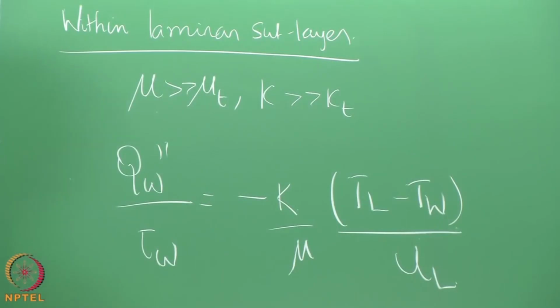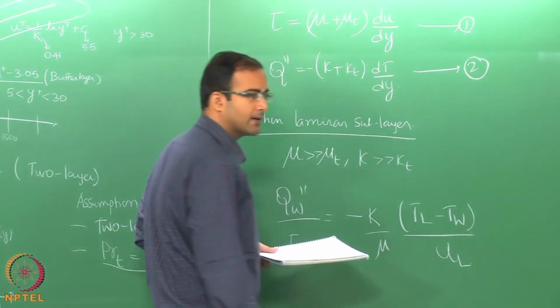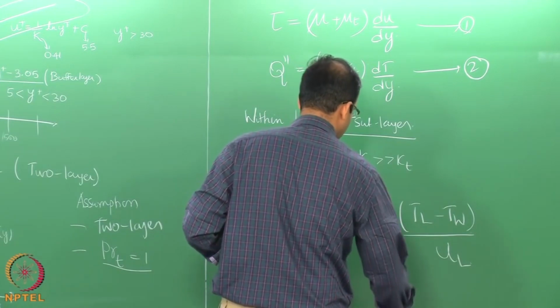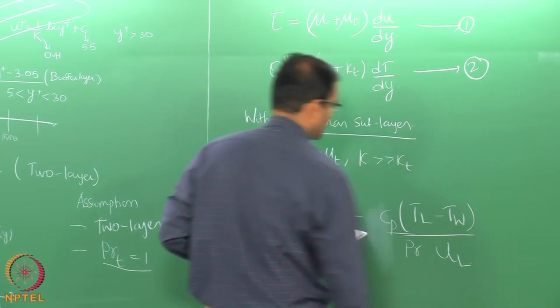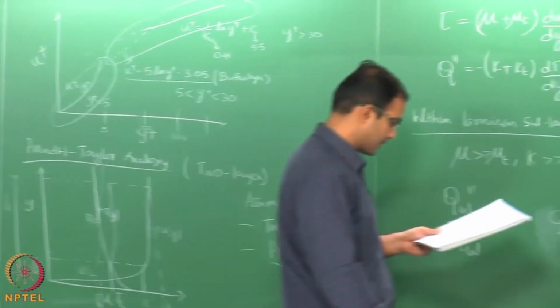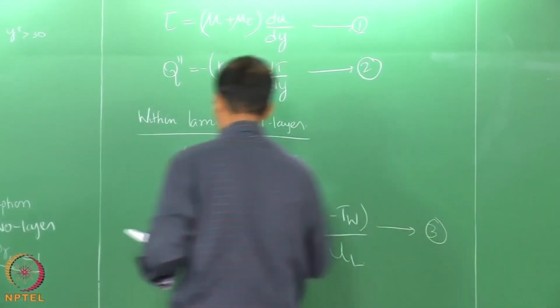We can write this in terms of molecular Prandtl number, multiplying and dividing by Cp, so mu Cp by k. So, we can write this as Cp divided by Prandtl number. Let me call this equation number 3.